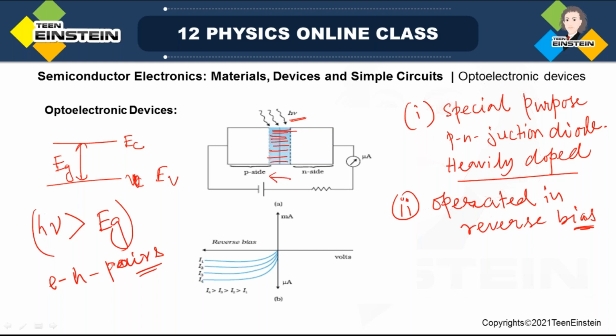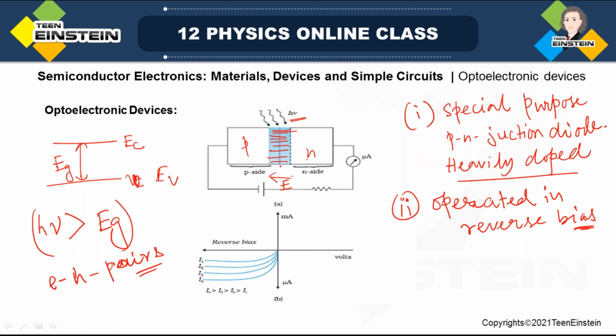The n side has high potential and the p side has low potential. That's why the electric field is directed from n to p.